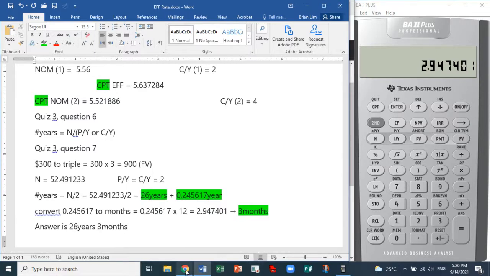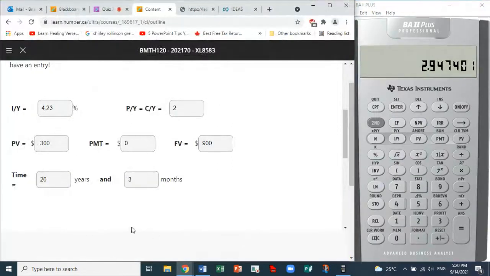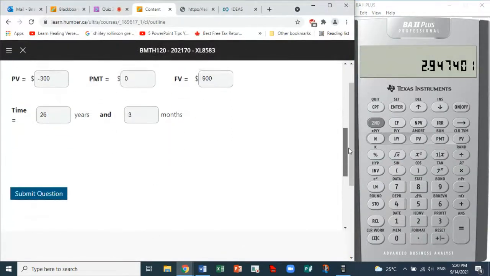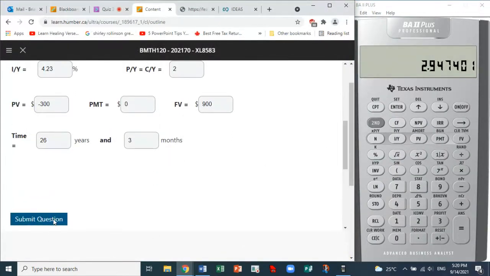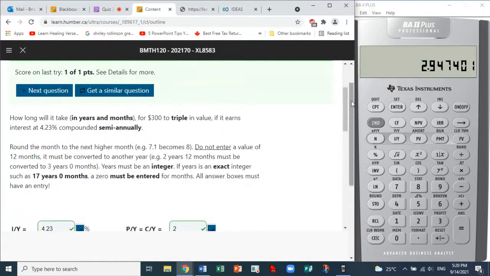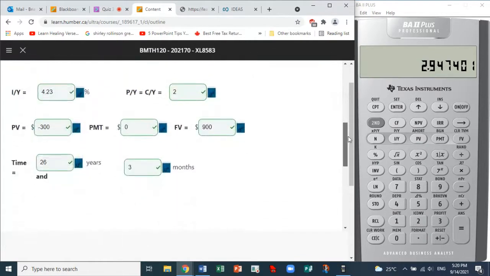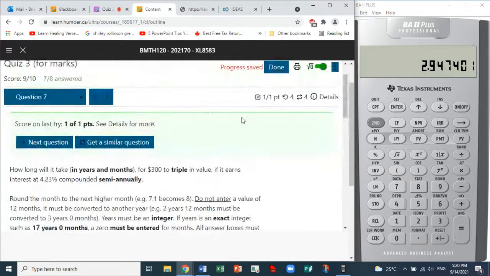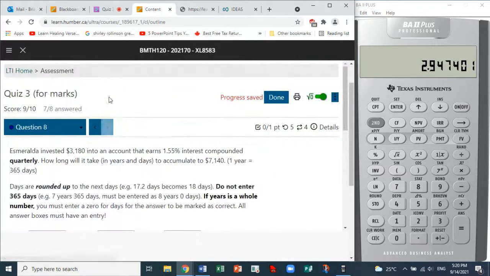Okay, that would be the proper answer. So let's come back here, and we have them in there. So we will submit, and hopefully it all works out nicely and it is correct. Great. Okay. Number 8.